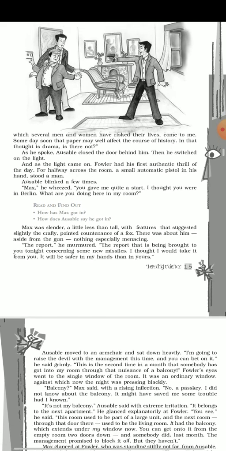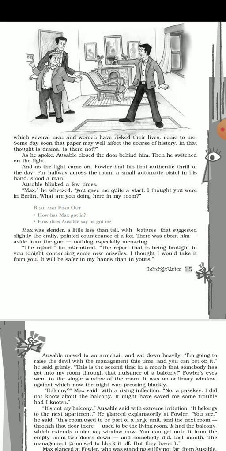So next line is, the report, he murmured. He murmured means, the report that is being brought to you tonight concerning some new missiles, I thought I would take it from you. It will be safer in my hands than in yours. Max here is threatening. Max is using threatening language for Ozable and asks him to submit that report, the report which Ozable had obtained with great difficulty.